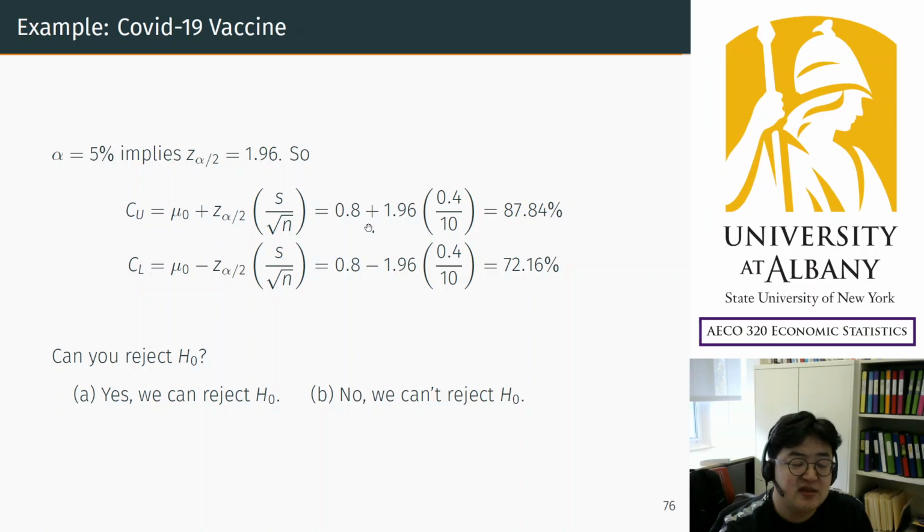Your belief is 0.8. That is the center. And around that, because you are using 5% significance level, that implies 1.96 in this value. Right? So 1.96 times standard error. And also in this standard error, you are using the standard deviation implied by the belief. Everything else is the same.